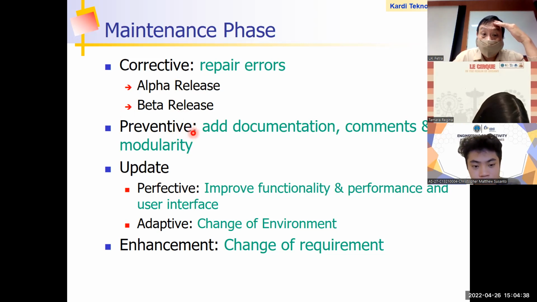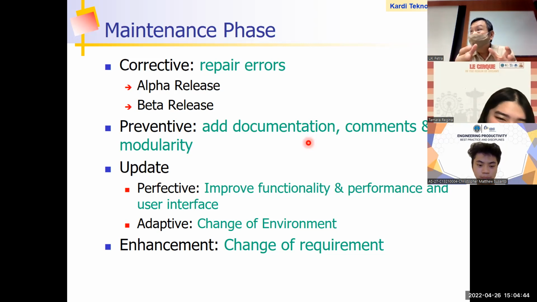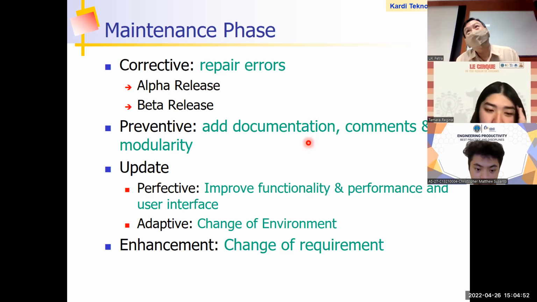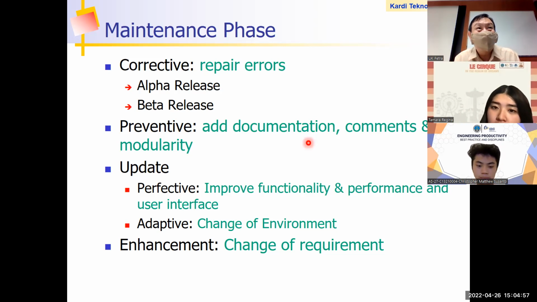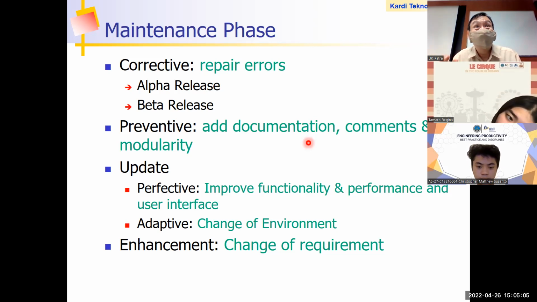Next is preventive maintenance. That means you add documentation, you do commenting, you try to modularize, so that it is easy to understand. The code must be easy to understand. Beginner programmers will start to create code that is complicated and difficult to read. I'm calling them beginners because they don't understand the meaning of maintenance.